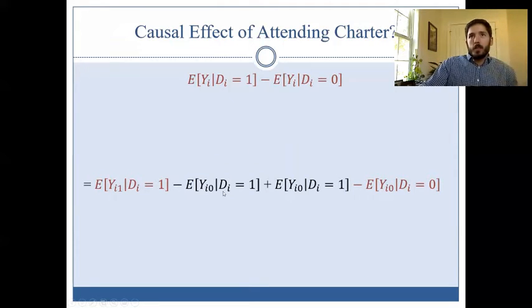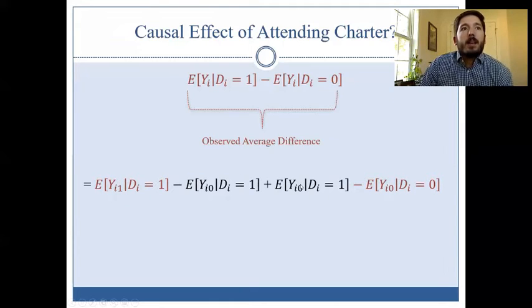And remember, we did the same thing that we had before, where we're adding and subtracting this counterfactual, where here the counterfactual is the average potential score, if they didn't attend, for the students that did attend, right? And so we've added and subtracted that.